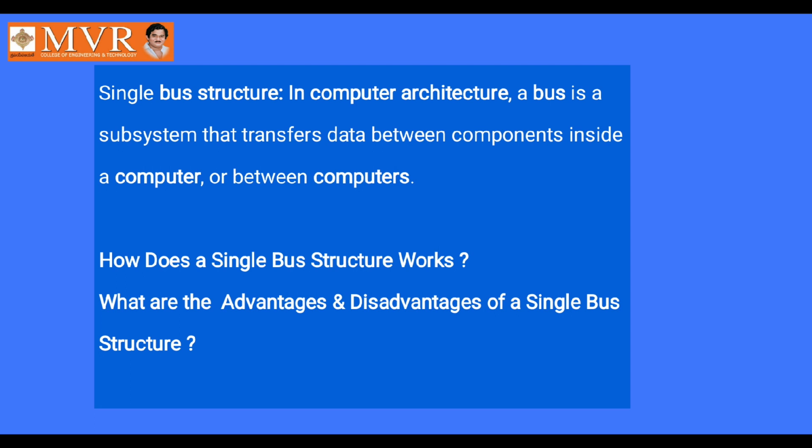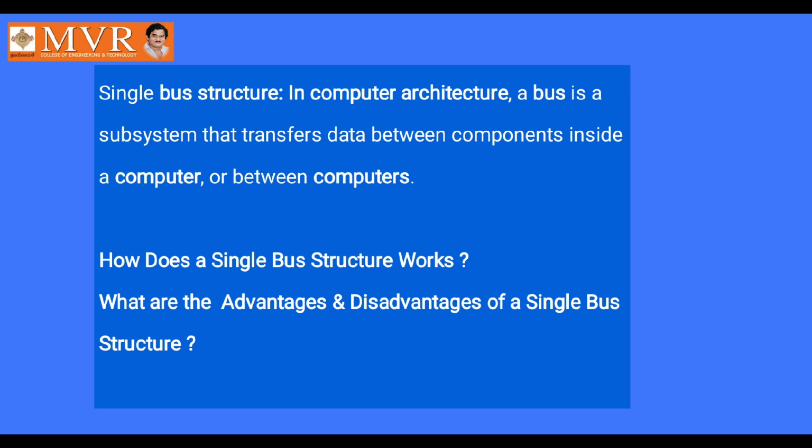The arrow marks connecting those devices to the bus are different. To the input, there is only a one-way path, meaning the CPU or processor will receive data from the input device. It will never give data to the input. So that's why it is in one direction.